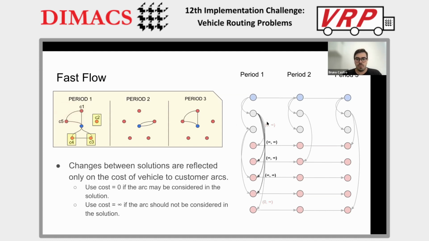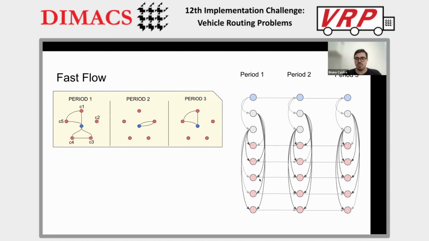And now we create new arcs to every other customer that is not to be attended by this vehicle. But here we use a cost equal to infinity, so the flow will not choose this path. And we do this for all periods.